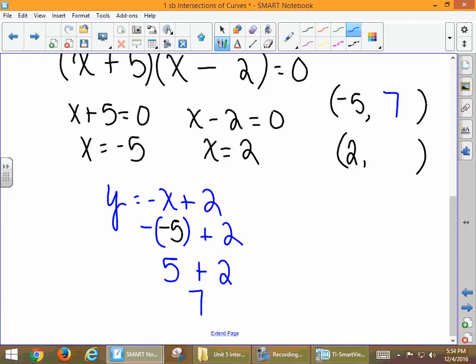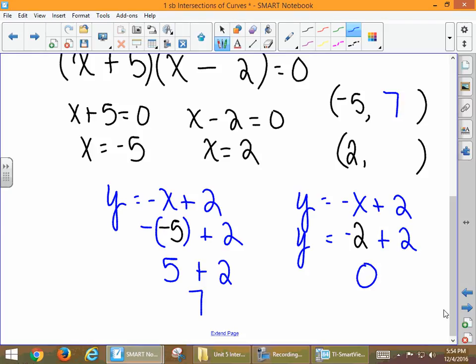We put negative 5 back in there, so we need to make sure to put the 7 back in the correct ordered pair. But we need to do this twice. We have 2 intersections. So we're going to take 2 and put it back into the same equation. You could use the first equation, but it's a little bit more complicated. So negative 2 plus 2 gives us 0.